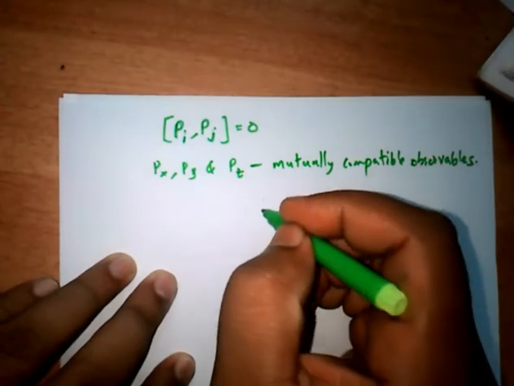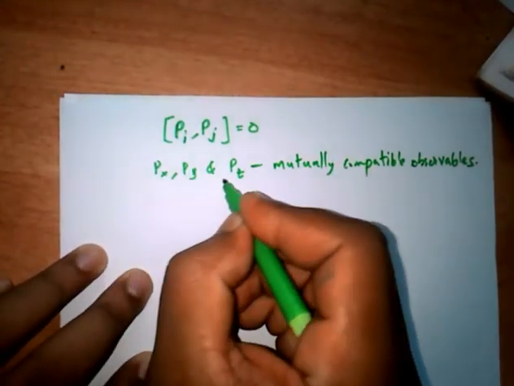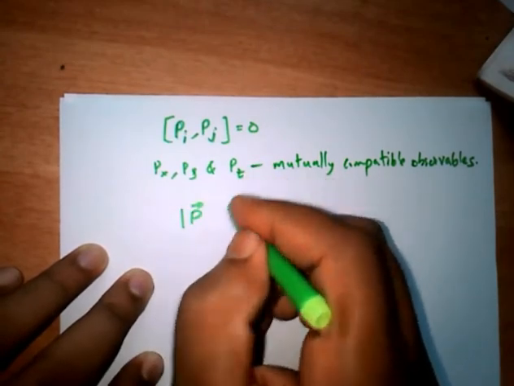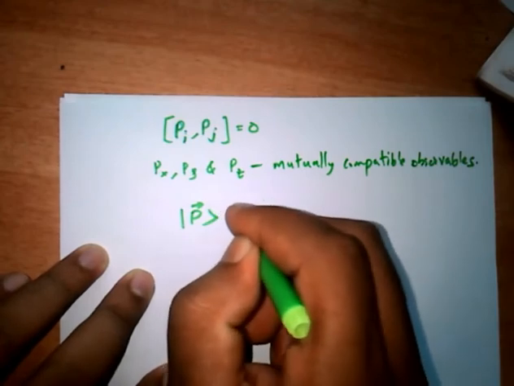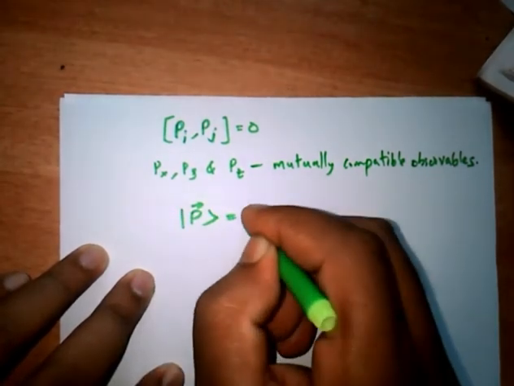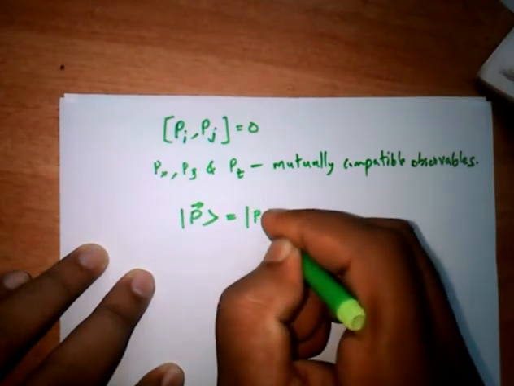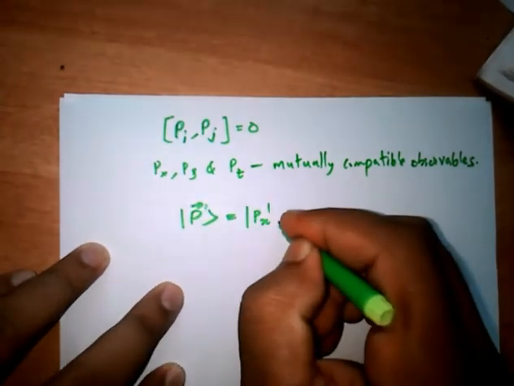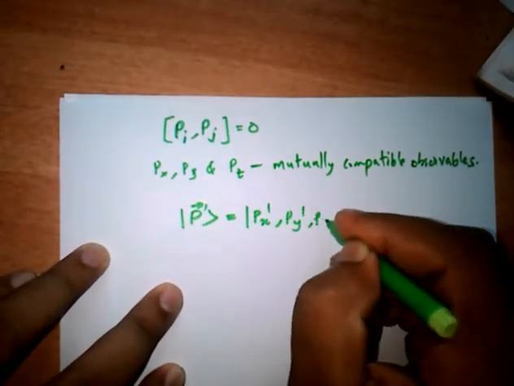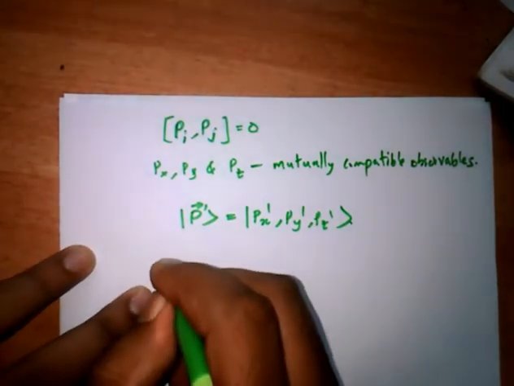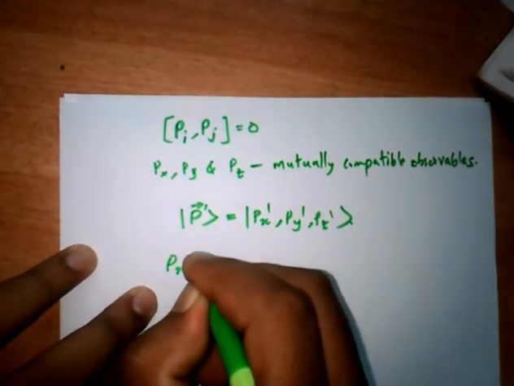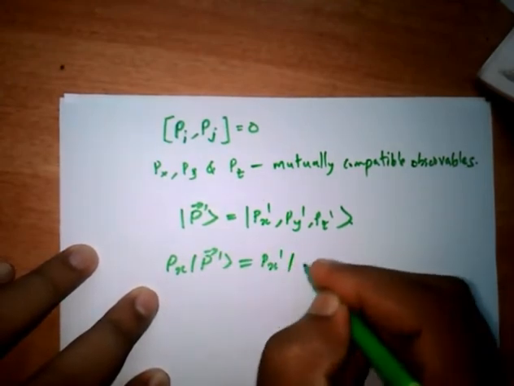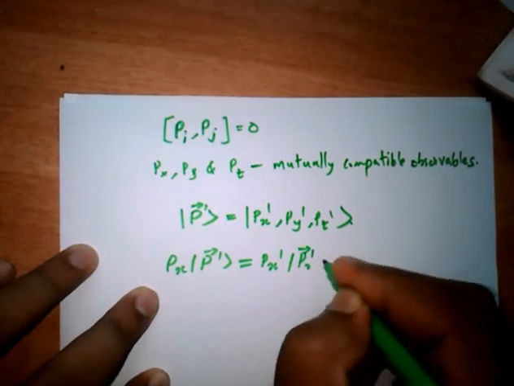We can therefore conceive a simultaneous eigenket of px, py and pz, and we can represent the simultaneous eigenket as the momentum ket p dash, with eigenvalues px dash, py dash, pz dash. That means if you operate with px on p dash, we will get px dash times p dash.